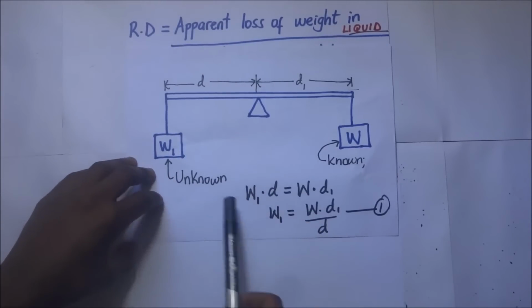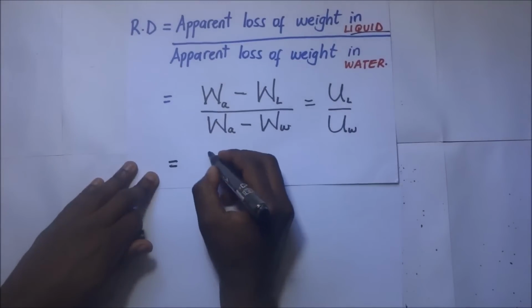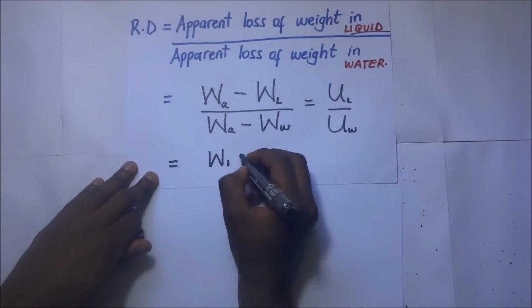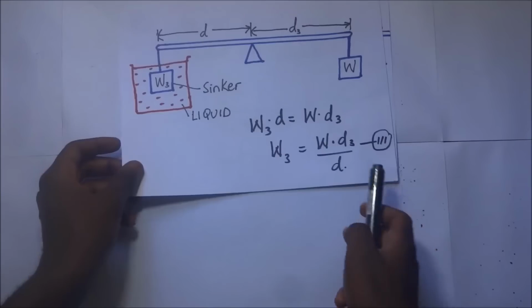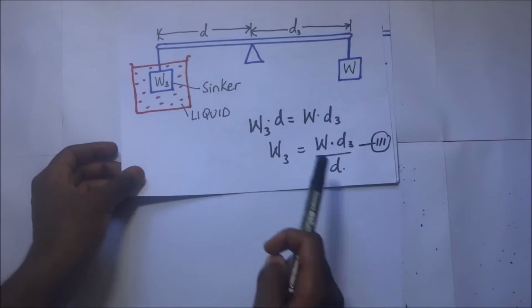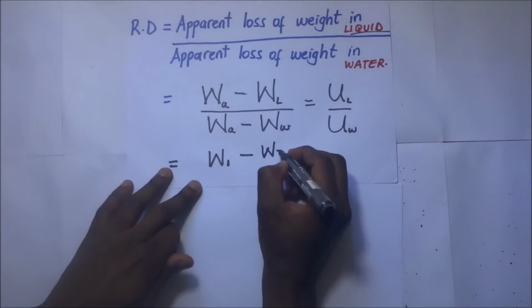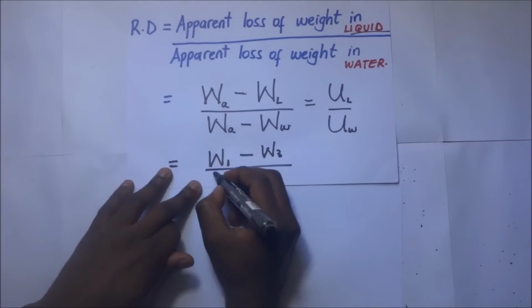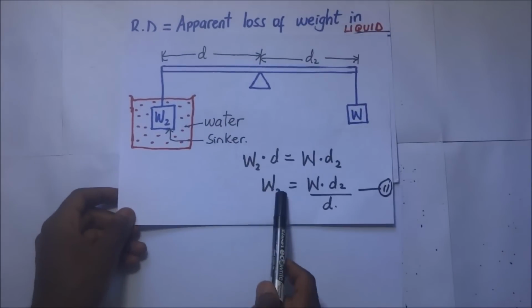So this is going to be W1 minus the weight of the sinker when it was in the liquid whose relative density we want, that was W3. So that's minus W3, divided by the weight in air, which is W1, minus the weight when it is in water. And from our experiment, the weight when it was in water is W2.